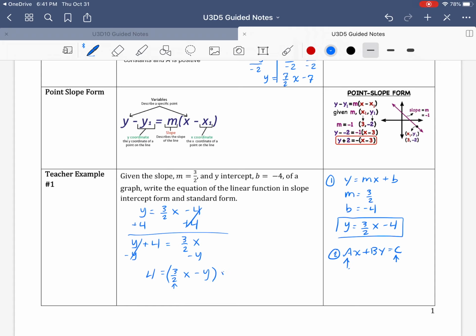And multiply that by 2. Then I'm going to multiply this side by 2. 2 times 4 is 8. And then this times 2, I'm left with 3x minus 2y. So when I rewrite that into a normal standard form, I get 3x minus 2y equals 8. And that's my equation in standard form.